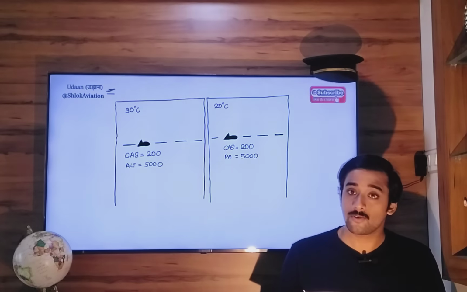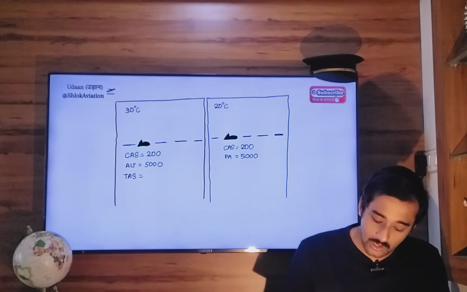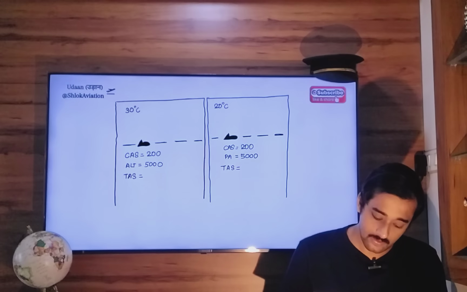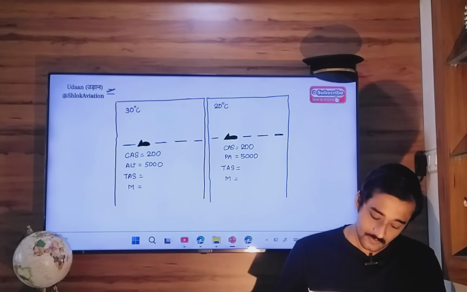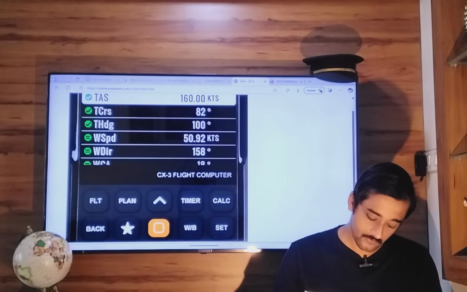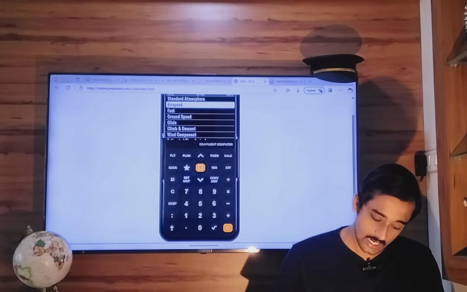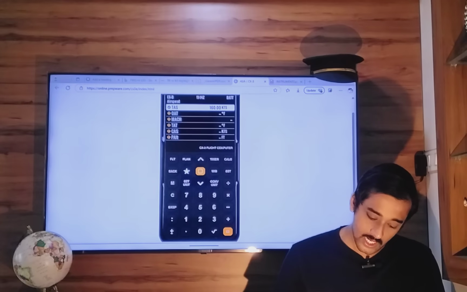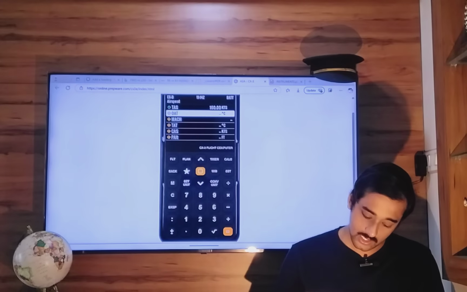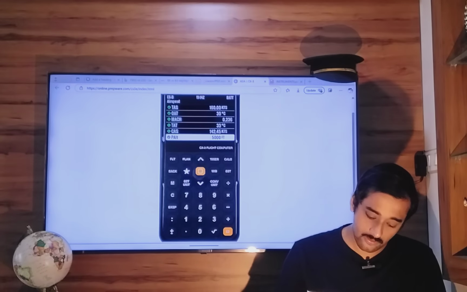Now let's find the true airspeed in the warm atmospheric layer and in the cold atmospheric layer, and then we will find the Mach number. Using the CX3 here: outside air temperature 30 degrees Celsius, calibrated airspeed 200 knots, altitude 5,000 feet.